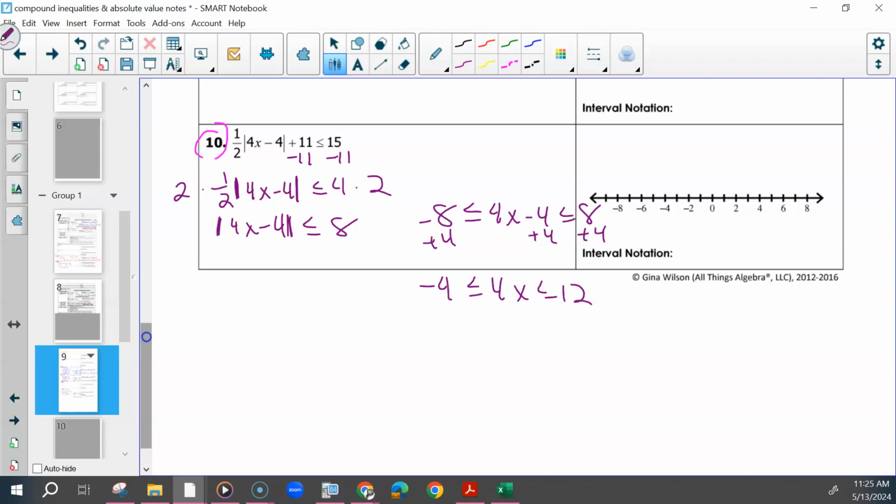And then get rid of the 4 by the x by dividing everything by 4. So if we were to graph that, they would both be closed, starting at -1, stopping at 3, with a line in between it. And that would be square brackets, -1, 3.